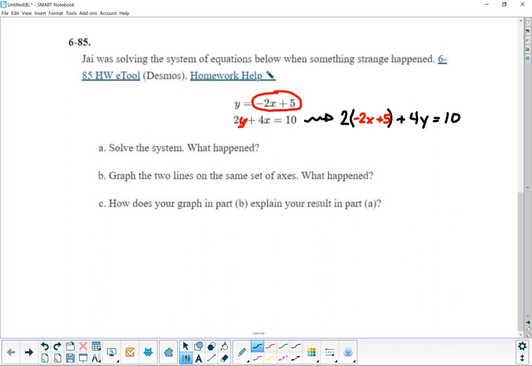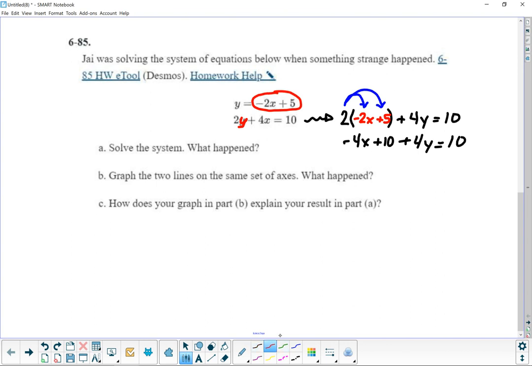Now you have to do a little bit of work with the distributive property. You're going to go 2 times negative 2x and 2 times 5, so you will get negative 4x plus 10. Don't forget to do 2 times 5, plus 4y equals 10.